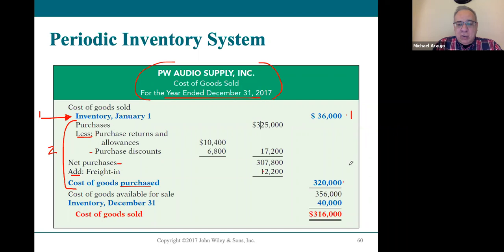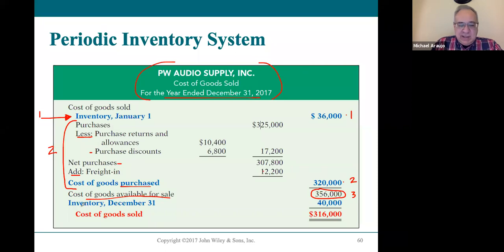So when you start with the beginning inventory and add all the inventory you purchased, you get the total cost of goods available for sale, which is that $356,000 number. The good news is only two things can happen to all of this inventory.